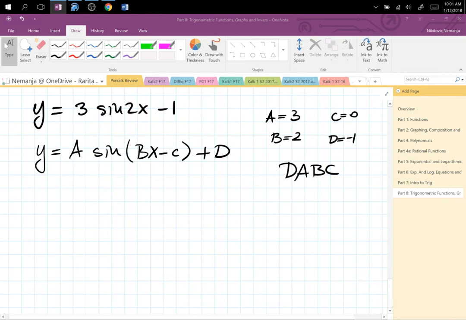So first I scout that the amplitude is 3, and then D is -1, so we'll need quite a tall graph over here, or maybe we can use 1 unit actually, instead of 2 units. And then we're going to go x-axis out.